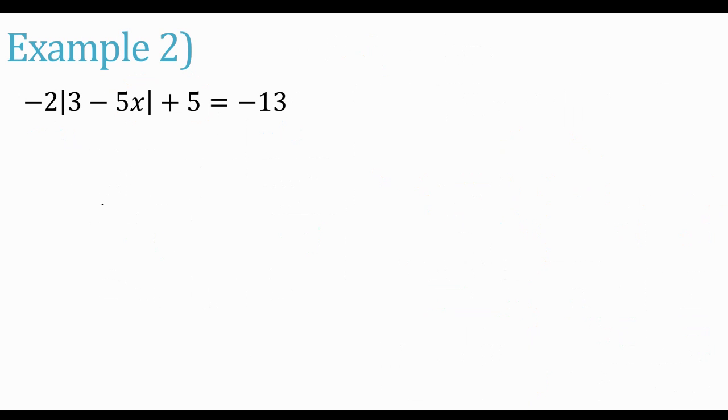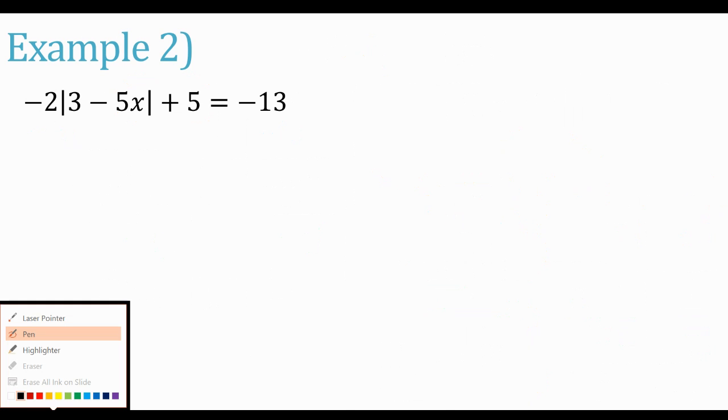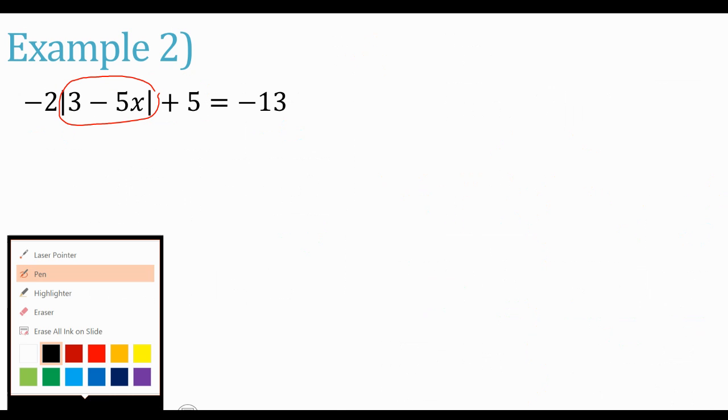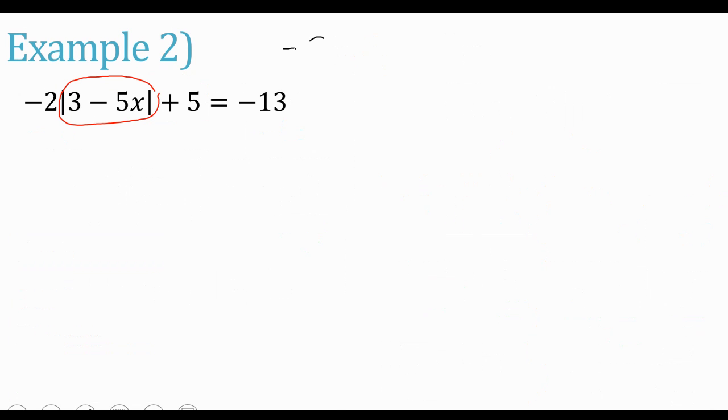Okay, so I'm going to do the same thing where I'm going to kind of treat this like its own variable. So I'm going to circle this so we know we can't touch anything inside. Actually, no, I'm going to call that y.